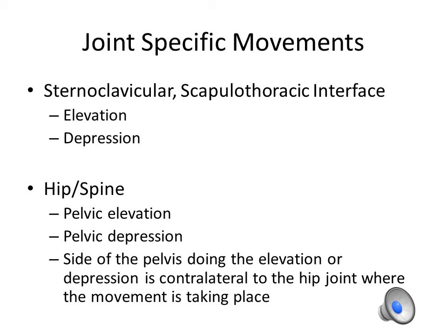In a closed chain movement, it is the opposite or the contralateral side where the actual hip joint movement is taking place. We will go through closed chain versus open chain at the hip joint further down in this lecture.